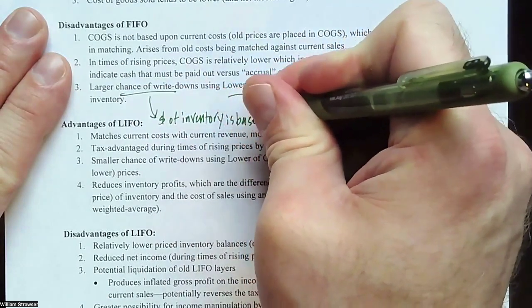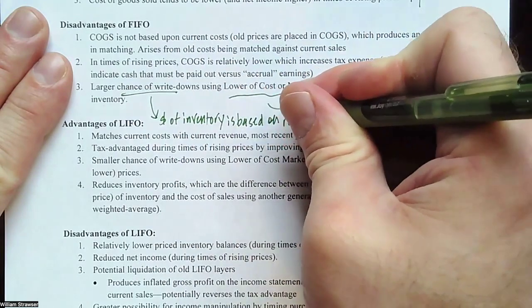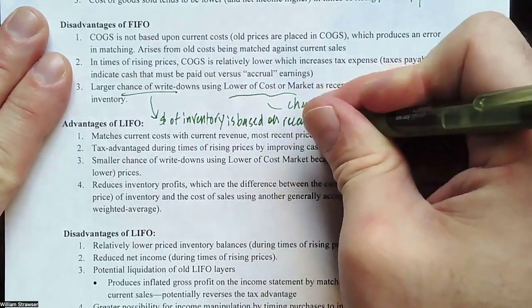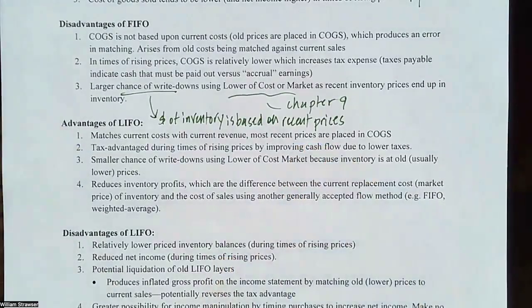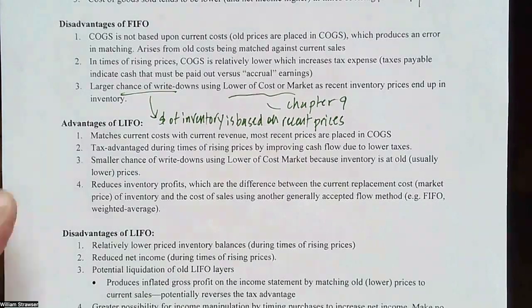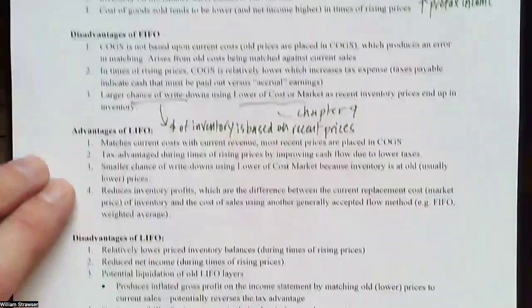And generally, inventory costs rise. So we're putting our expensive inventory, the most recent inventory, on the balance sheet if inventory costs are rising. So that's the advantages and disadvantages of FIFO.